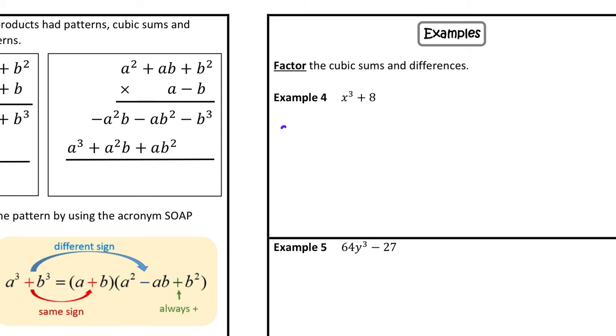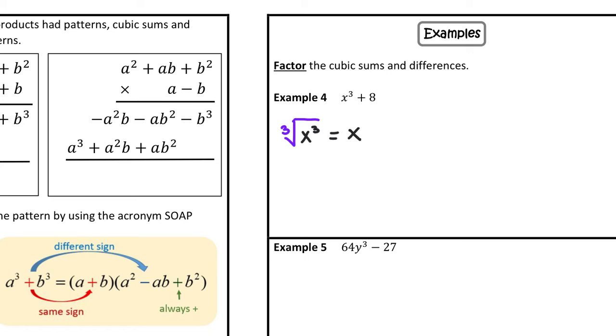So what is the cube root of x to the power of 3? Well, the cube root and the cube, the power of 3 and the root, will cancel each other out. So that's going to leave me with x.